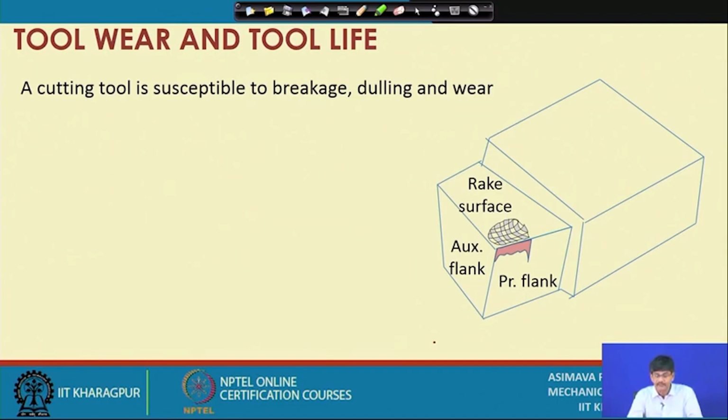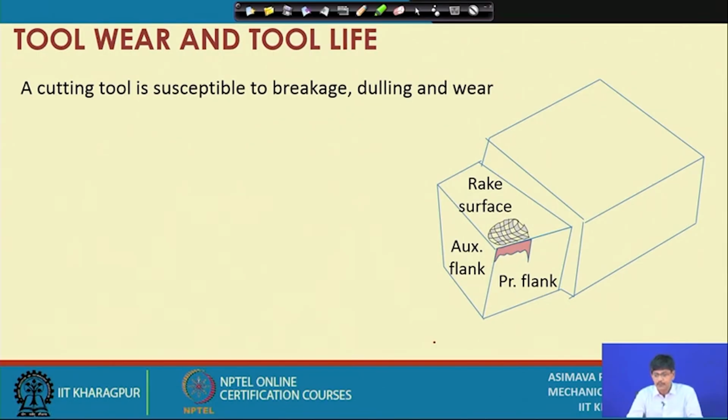If it experiences wear and tear, there will first be rubbing of the principal flank against the tool surface, rubbing of the chip with the rake surface. Okay, so, the bottom side of the chip will be rubbing against the tool surface, rake surface, and the auxiliary surface will also be touched somewhat by the rubbing with the finished surface.